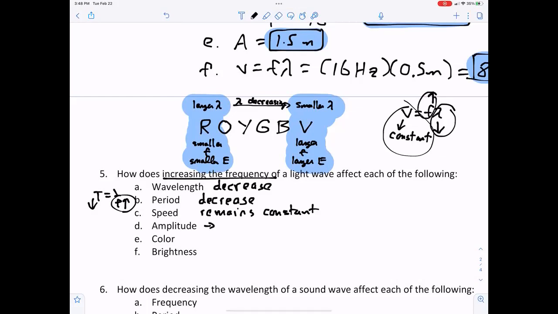Amplitude relates to the intensity of the light, which will remain constant. It's not affected by frequency. All right. Now the color, when we increase the frequency, the color is going to shift from a reddish color to a more blue-violet color.